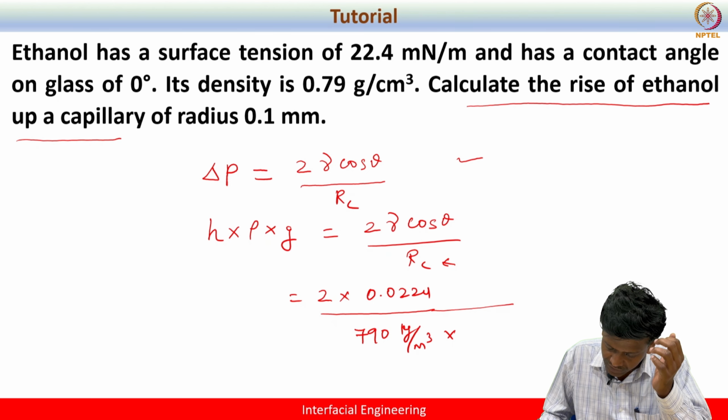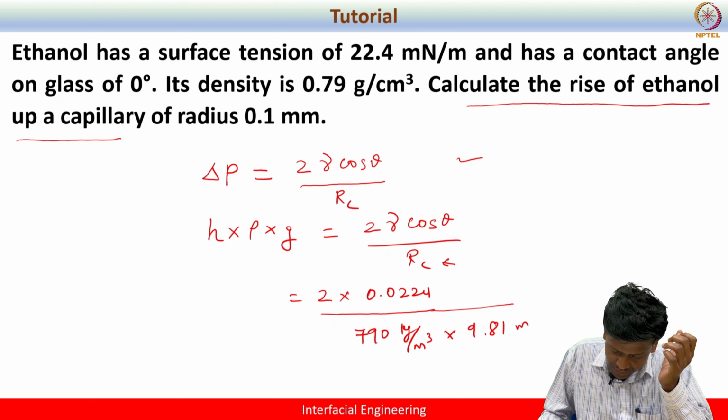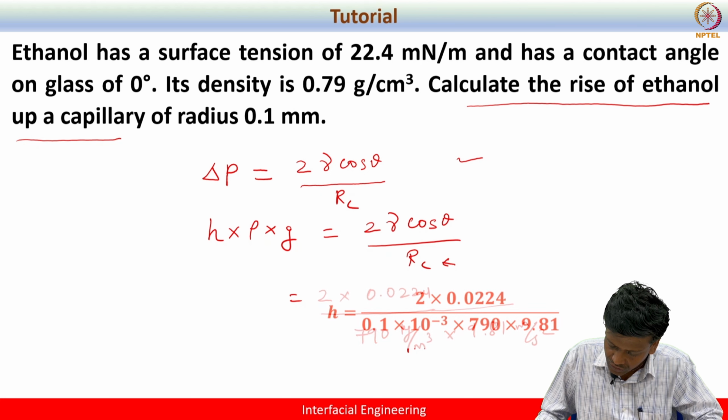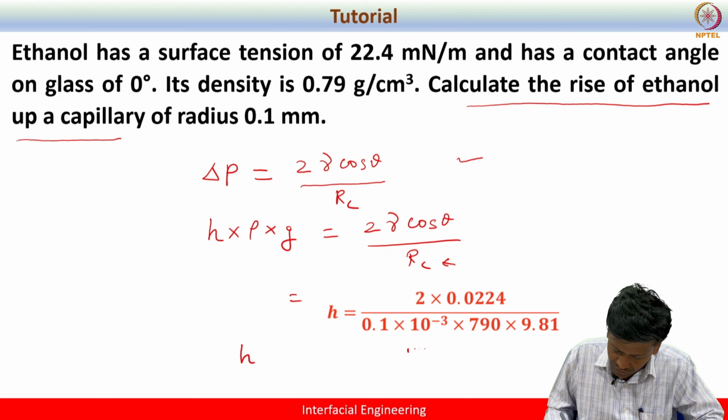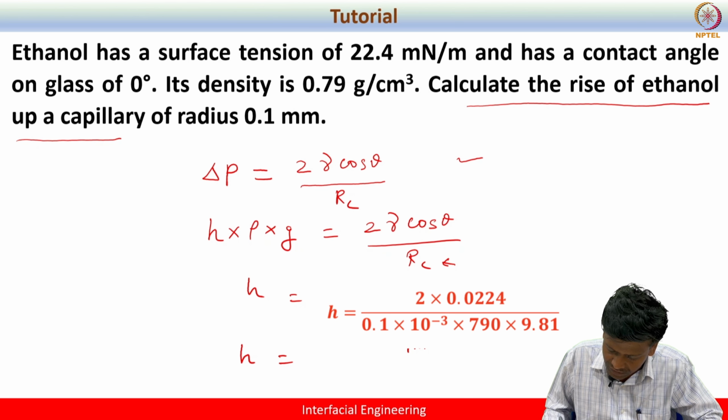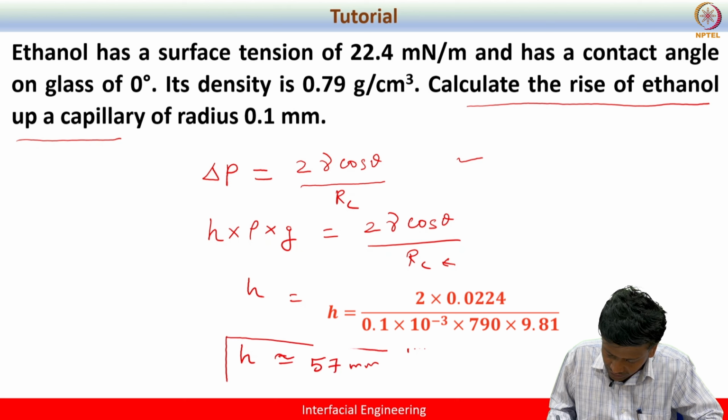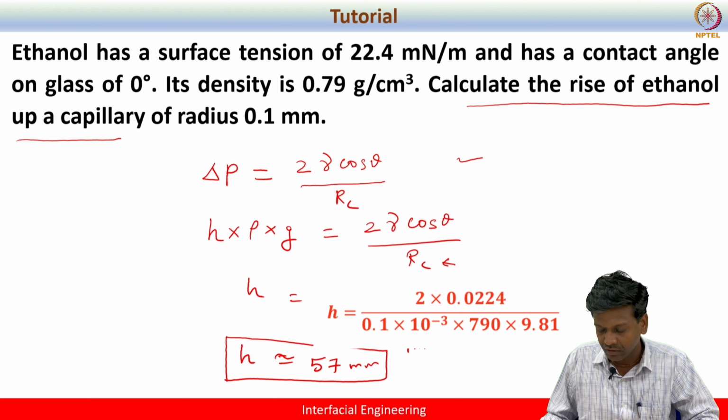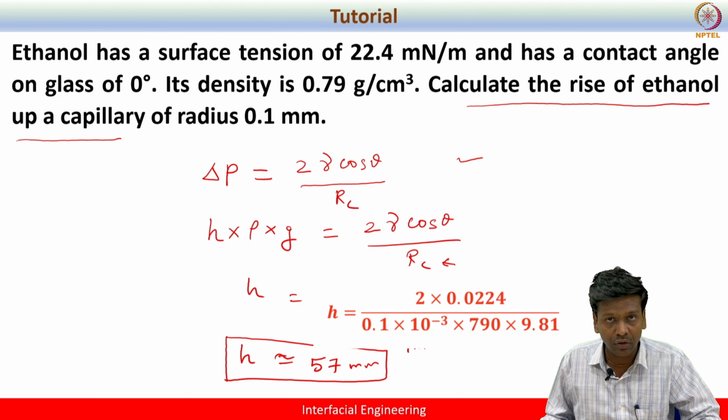And then gravity is 9.81 meter per second square. So this is nothing but H. If you simplify this, you would get approximately 57 mm. So the rise of the height of the liquid column in this problem is 57 mm. You can check that.